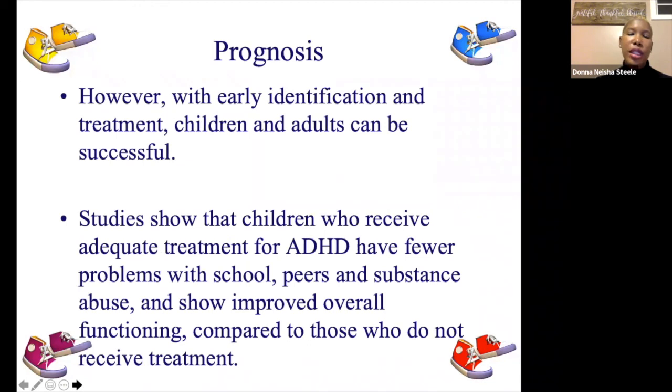The prognosis, as far as ADHD, early identification and treatment can be successful, whether it's with children or adults. Studies show that children who receive adequate treatment for ADHD have fewer problems with school, peers, and substance abuse, and show improved overall functioning compared to those who do not receive treatment.